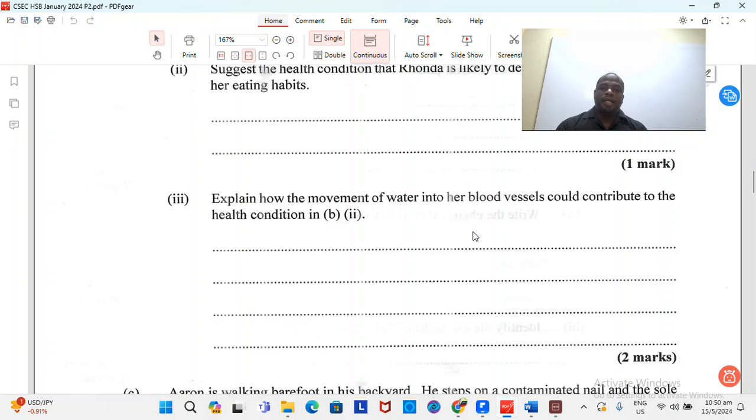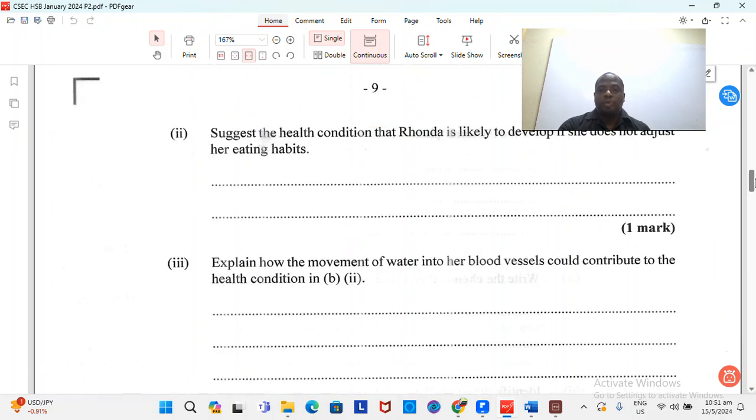And we did say that the amount of sodium can also affect the blood vessels, causing them to be constricted. And when that happens, it's going to reduce the size, and of course, also lead to high blood pressure.